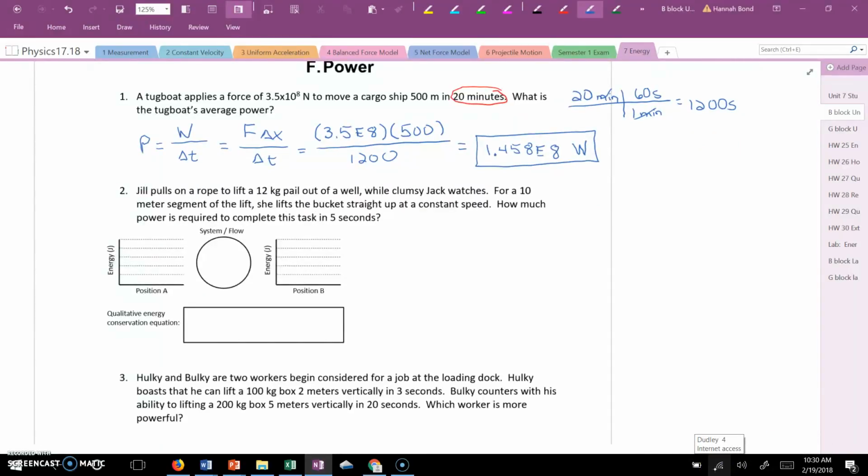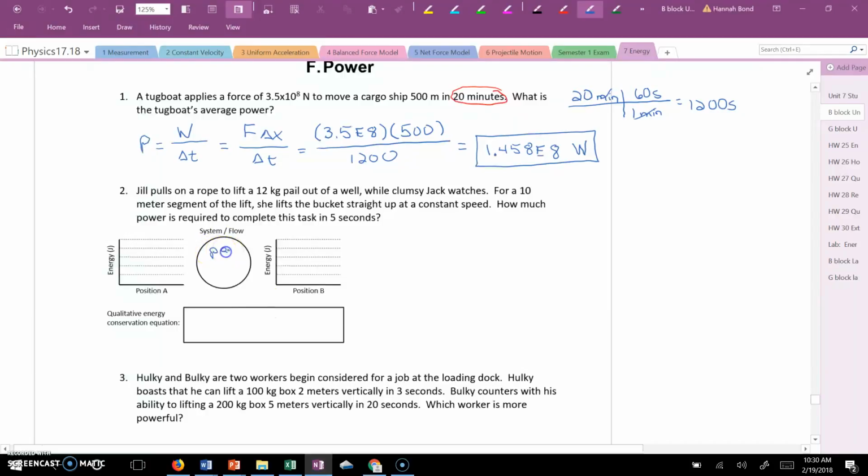In number 2, we have Jill pulling on a rope to lift this bucket out of a well, and she's applying a constant force as she pulls up at a constant speed. We want to know how much power is required for her to lift that bucket 3 meters in 5 seconds.